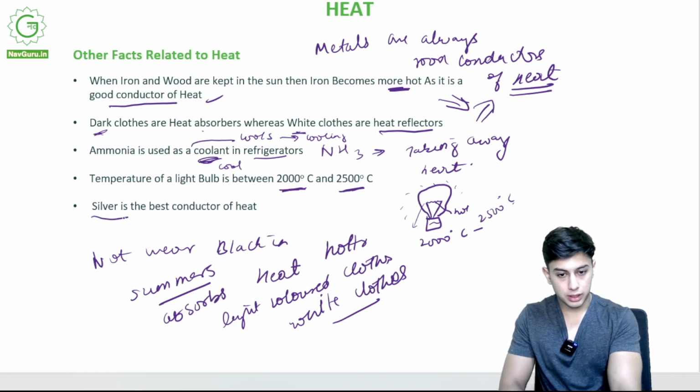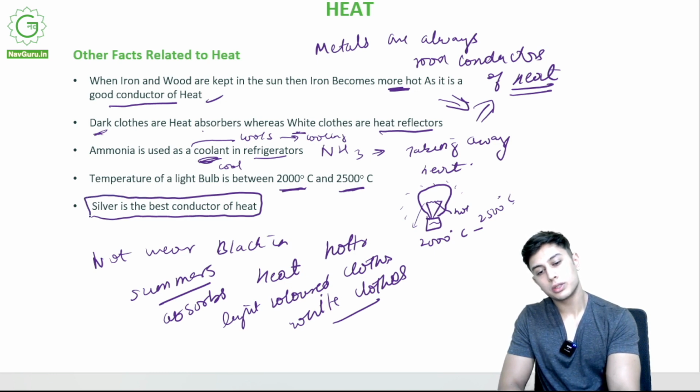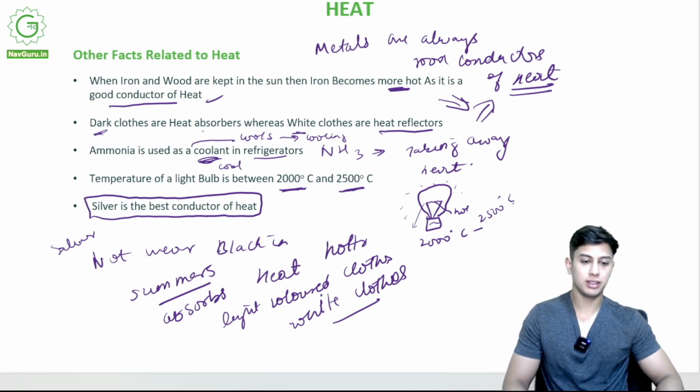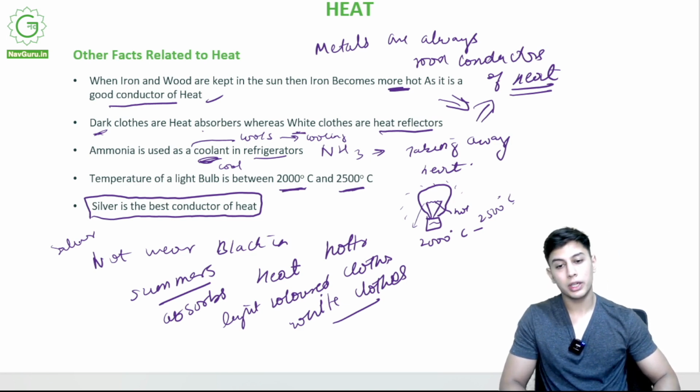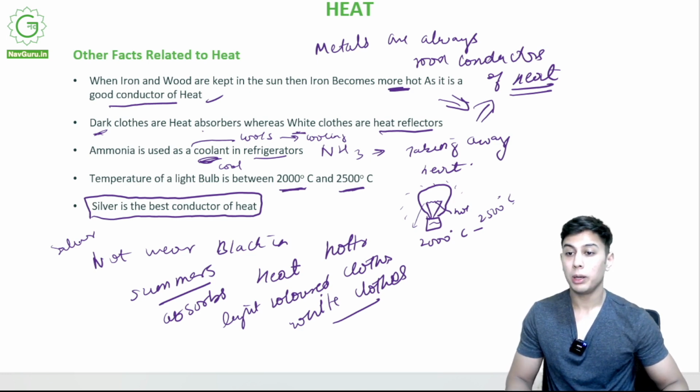Silver is the best conductor of heat. Silver is also a metal, but what is the best conductor of heat? Silver. You might think, why don't we then use silver inside light bulbs if it conducts so well? Because it also has a melting point, and the melting point of silver is far below that of tungsten. So silver will melt very easily.